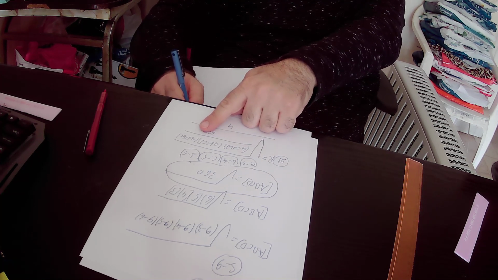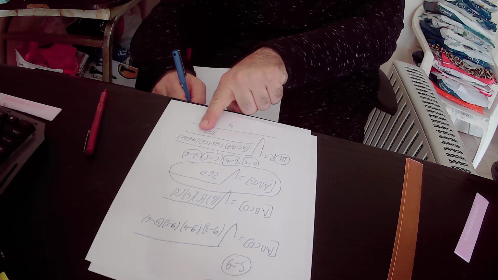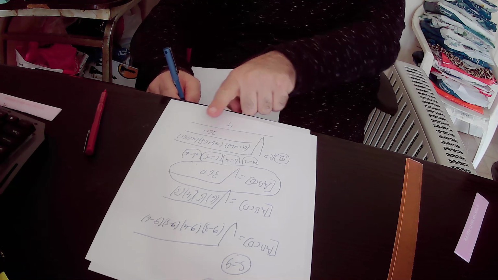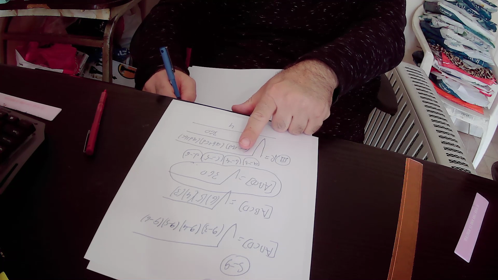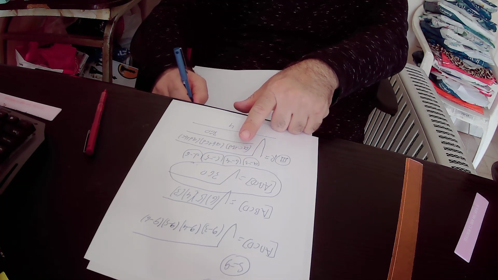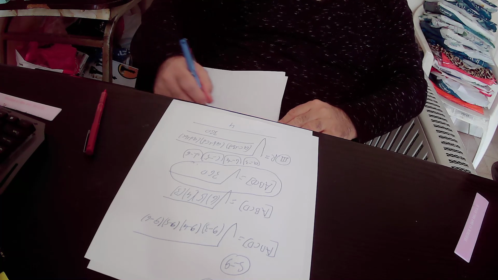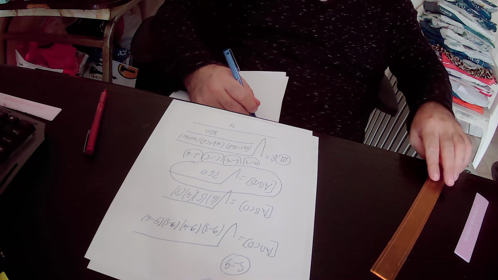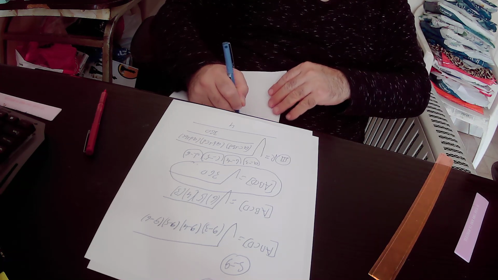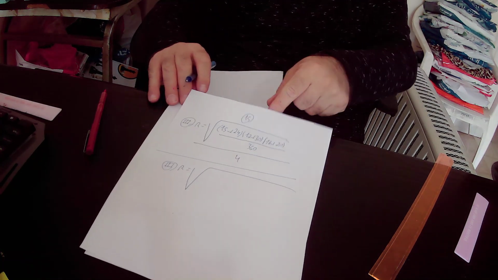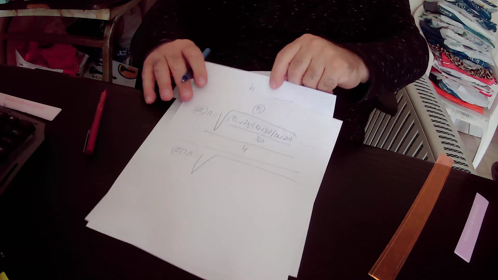And we have AD. A equals 3, D equals 6, so 3 times 6 is 18. Plus BC. B equals 4, C equals 5, so 5 times 4 is 20. All divided by the root of 360, all divided by 4. So we got this expression for the radius of the circle that we are looking for.